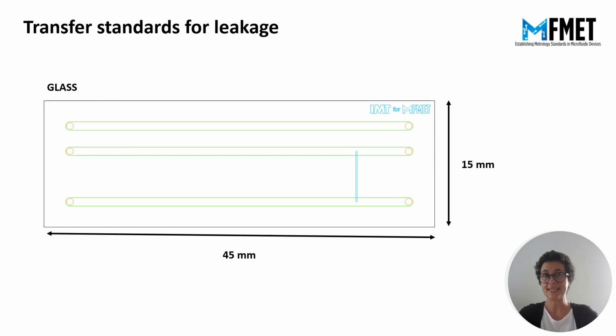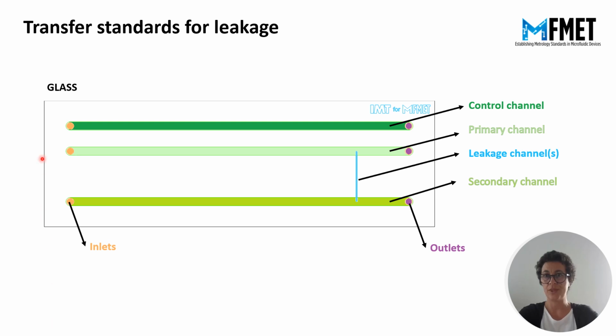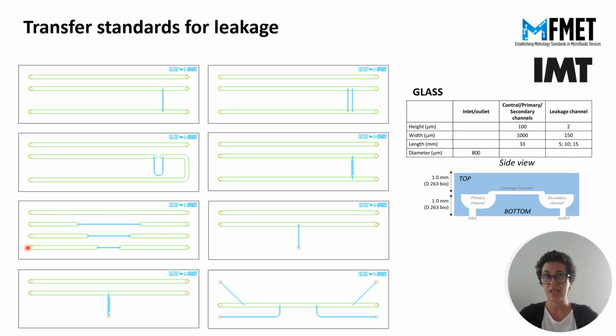To test leakage, 2 gold standards were developed within MFMET, one made in glass, with a control channel and primary and secondary channels connected to the leakage channel here. 8 different designs were fabricated in glass with the leakage channel with 2 micrometers height and 150 micrometers width, here in blue.